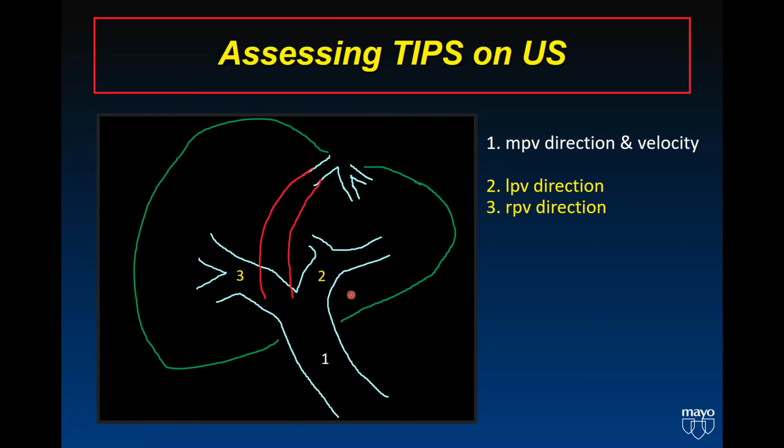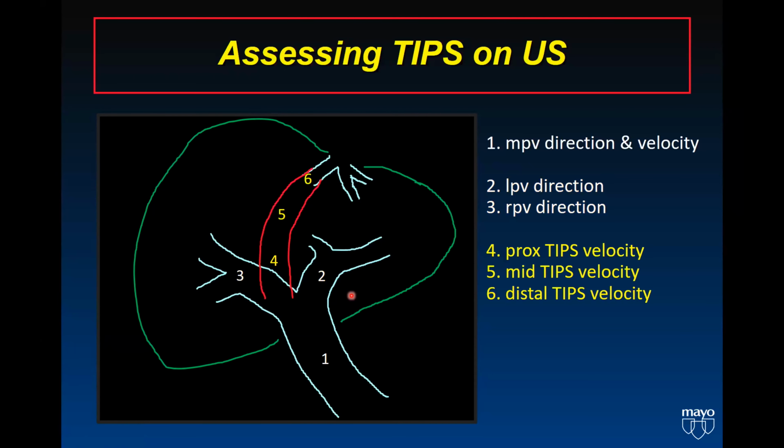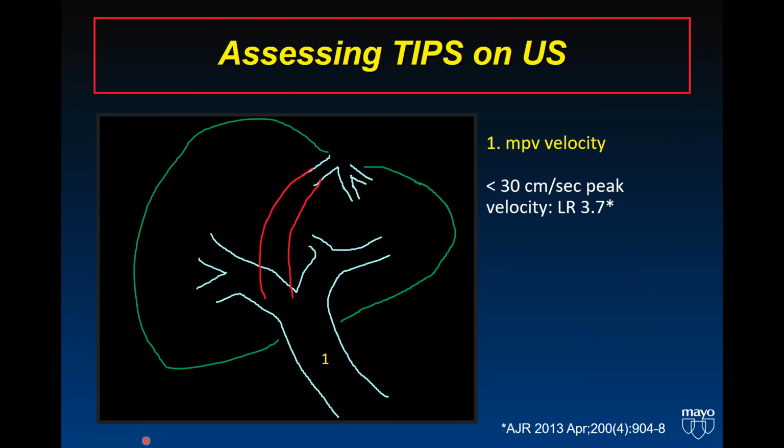We're going to measure the velocity of the TIPS in 3 areas: proximally, sometimes this is even within the portal vein itself, in the mid-TIPS, and then distally at the hepatic vein interface. And then finally, we're going to assess the ascites, because that can be an indirect clue that can be helpful. All right, so let's look at these parameters and what we're looking for.